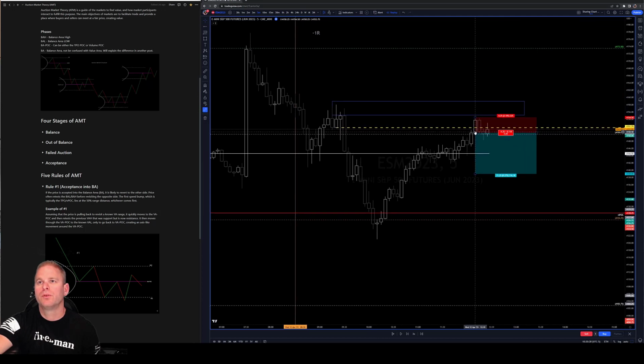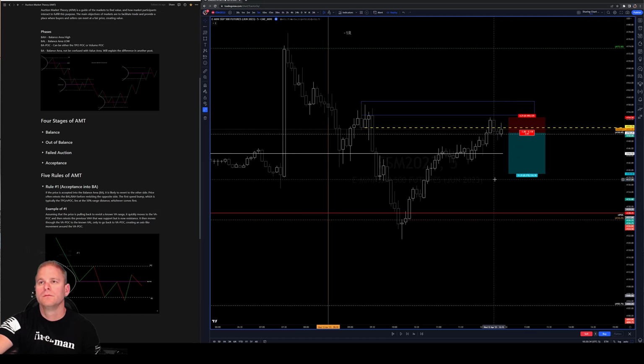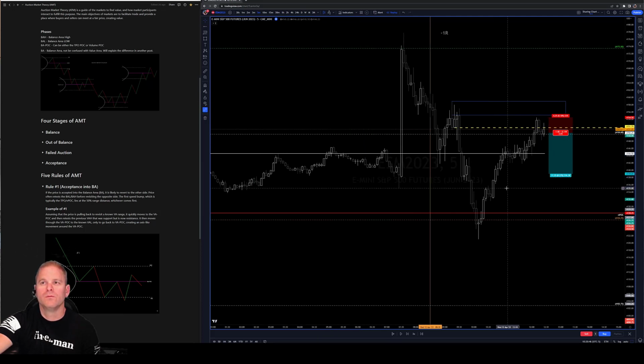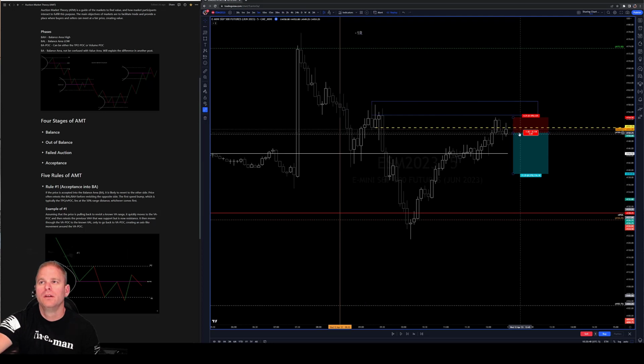So I want to see if price gets below this level. And if you want to be aggressive, put a sell stop right here. I would be cautious. I hate taking a short right here now, thinking about it, right next to the VPOC, but the level's there. Let's see what happens.